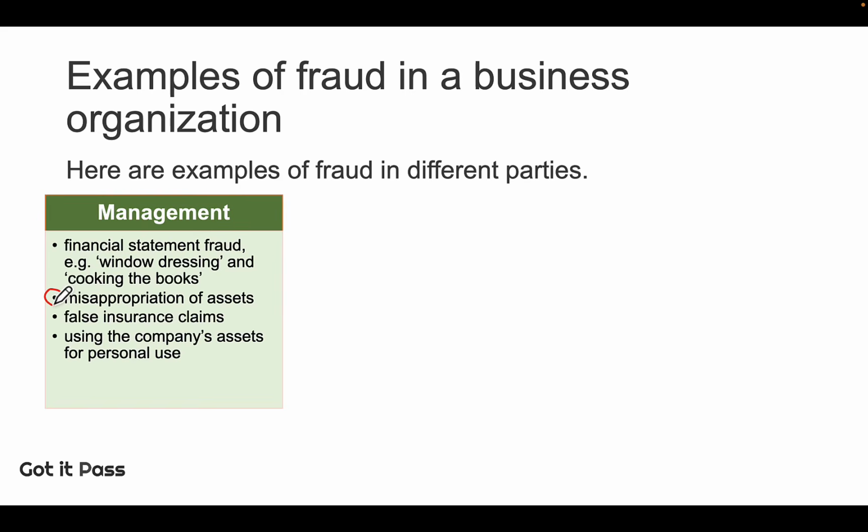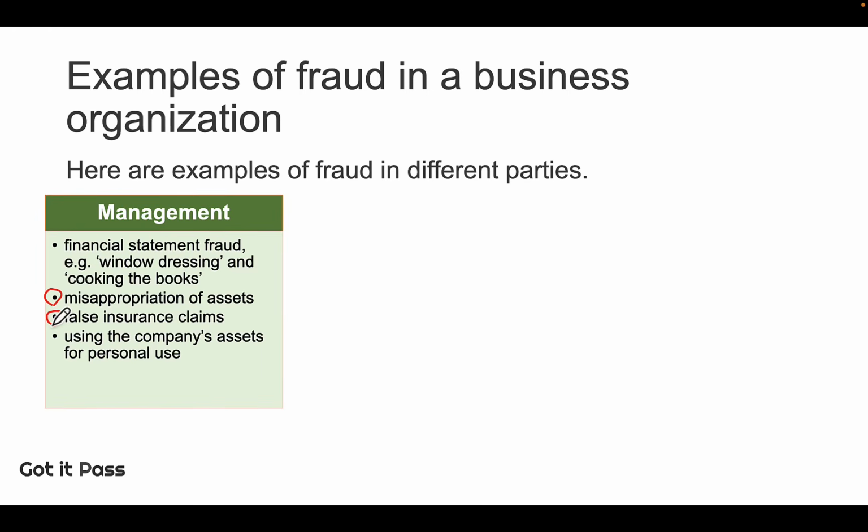So it's an example of misappropriation of assets. And for false insurance claim, for example, in the warehouse, they report the goods are stolen or disappeared, and they report to the insurance company to claim for the loss of assets or loss of stock in the warehouse.